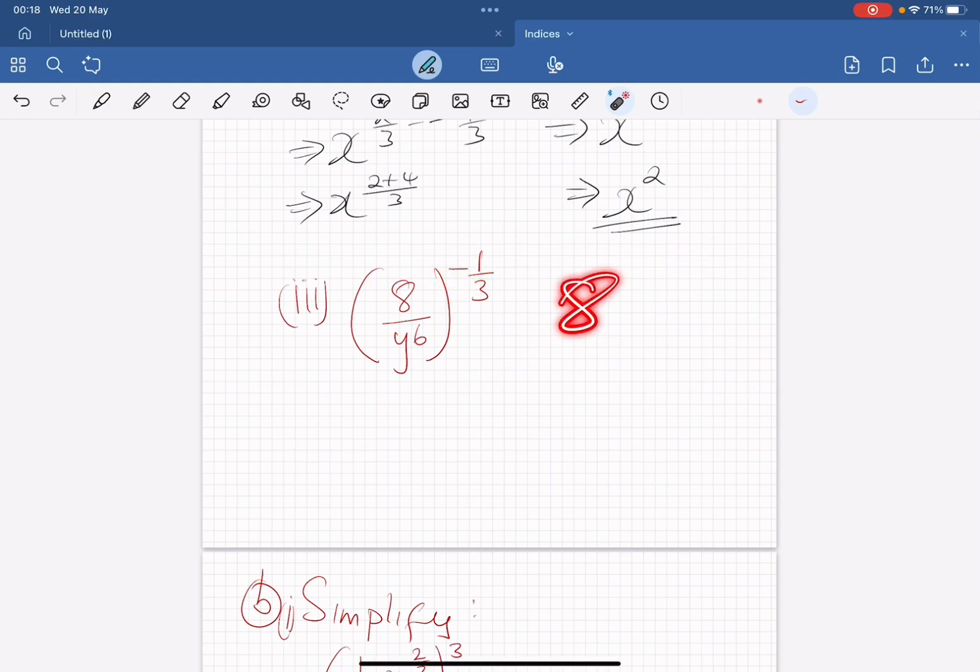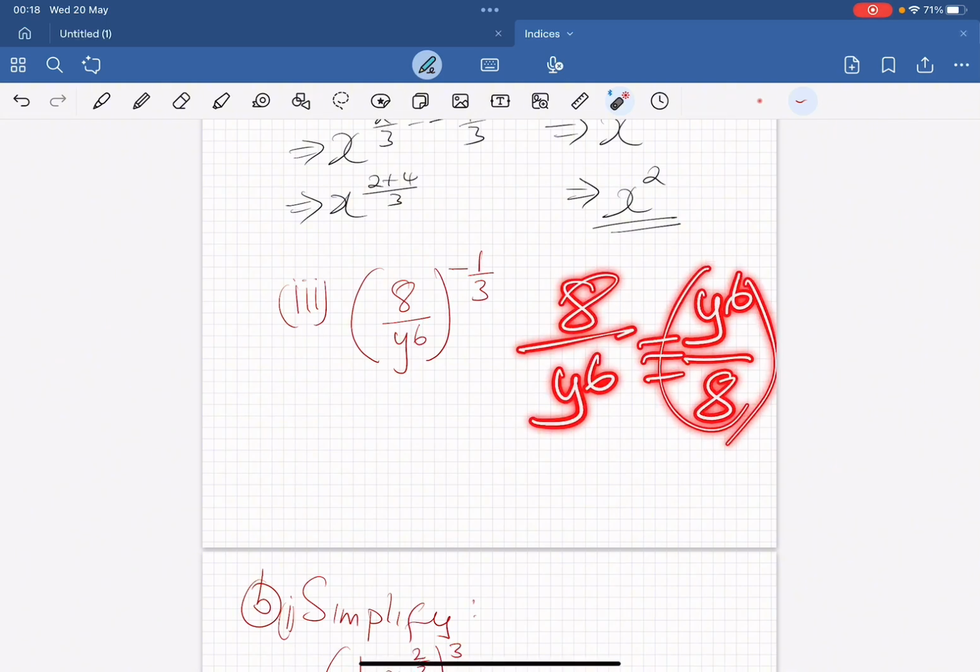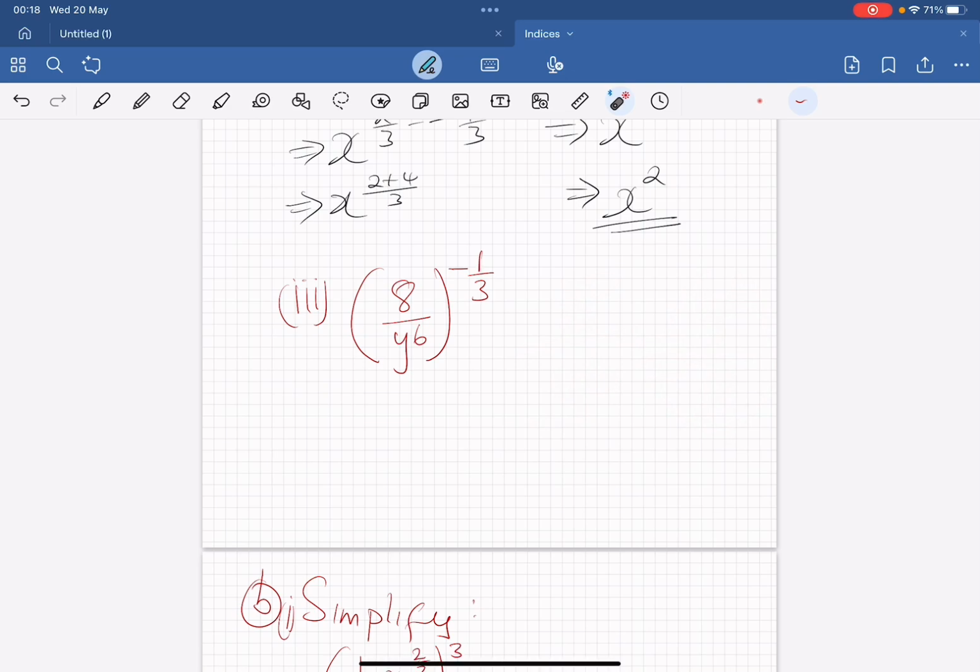Reciprocal meaning if I have 8 over y to the power 6, its reciprocal is y to the power 6 over 8. I basically took the bottom part up and the top part down. So this is going to be y to the power 6 over 8, all to the power 1 over 3. Notice how the negative has gone away because I took a reciprocal.